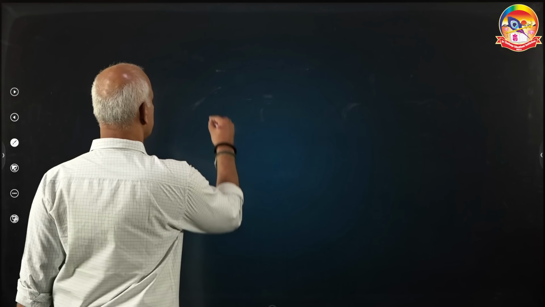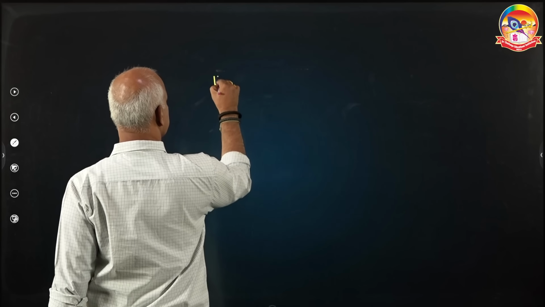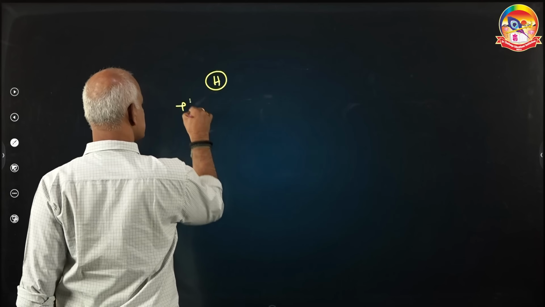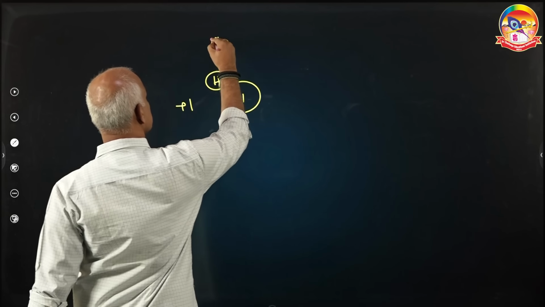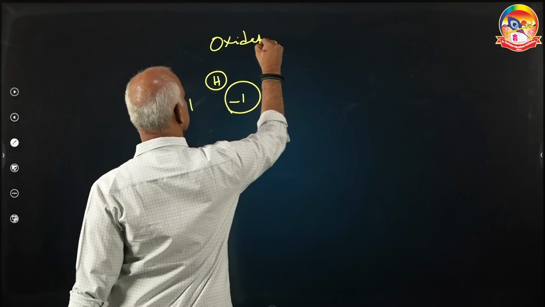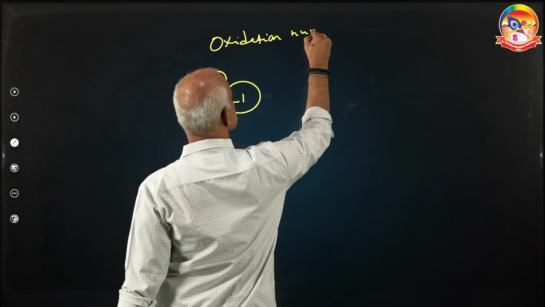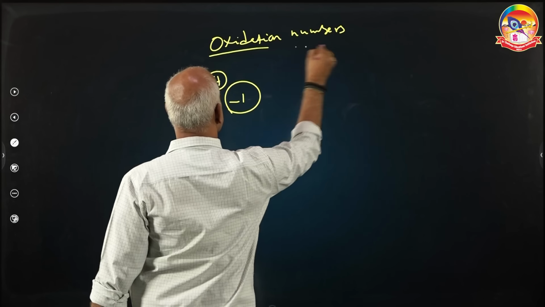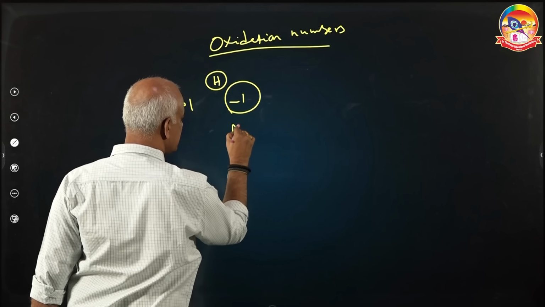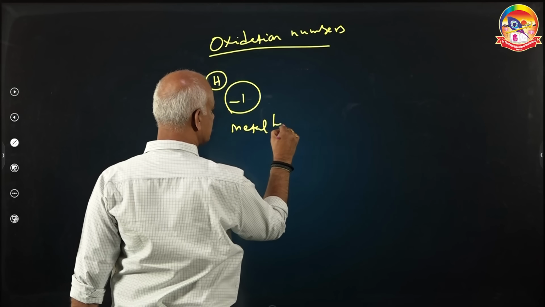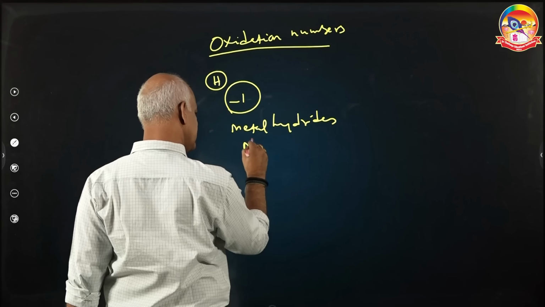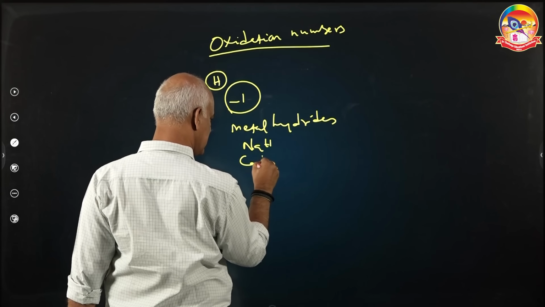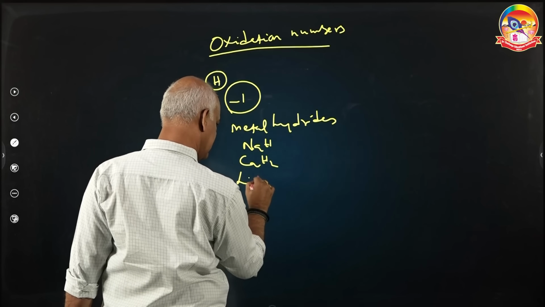Remember, I wanted to tell you hydrogen has +1 and -1 oxidation numbers, and -1 is seen in metal hydrides like NaH, CaH2, LiAlH4.